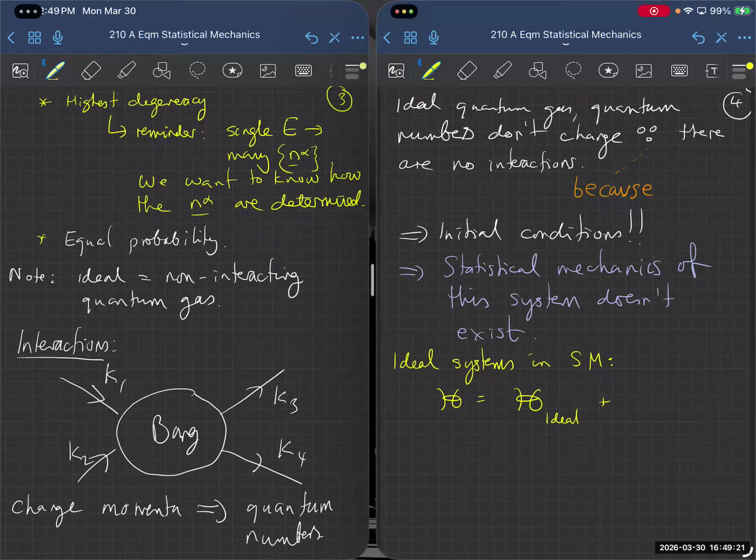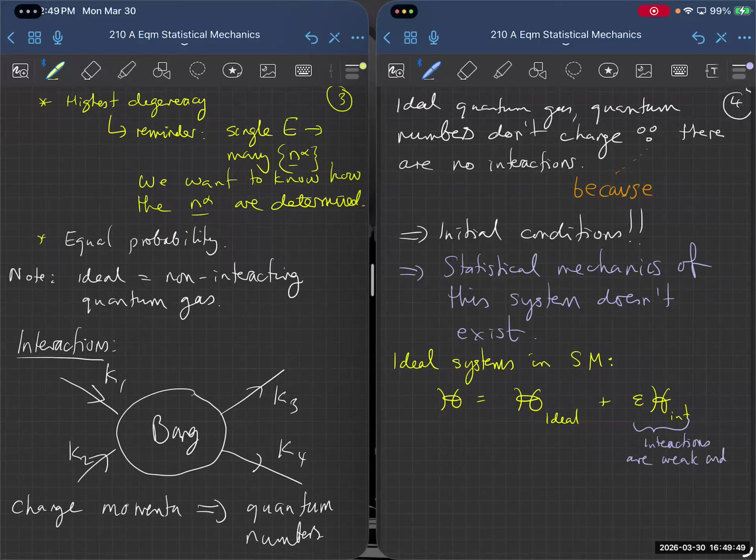Then we're going to have some epsilon times some interaction terms, something like this, some Feynman diagram describing the collisions of the particles. And then we're going to assume that these interactions are weak.